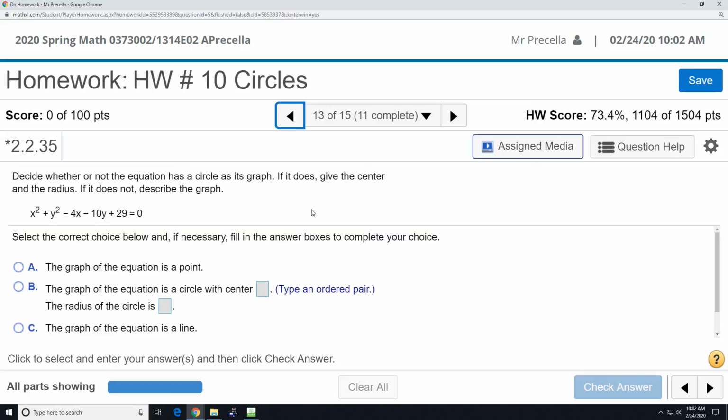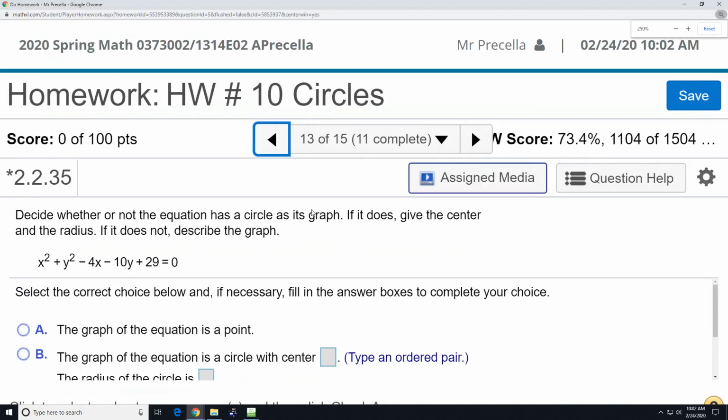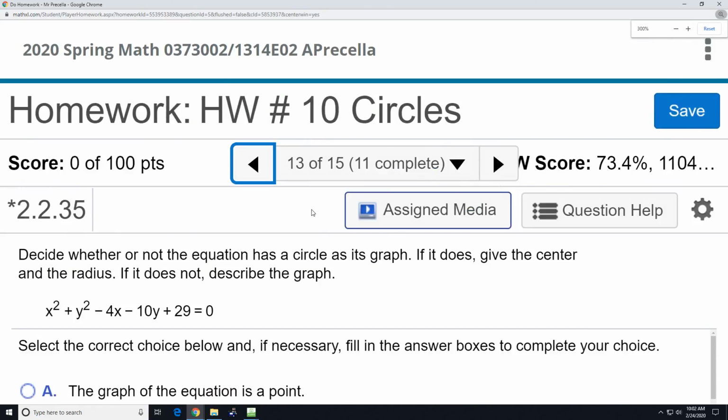X squared plus y squared minus 4x minus 10y plus 29 equals 0. Oh, let me make it bigger. You're trying to write it down.